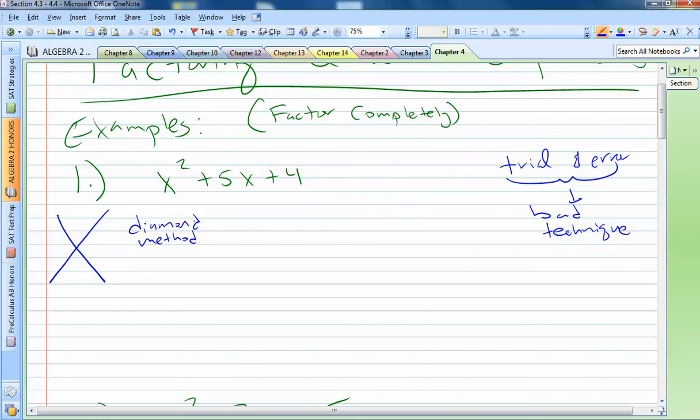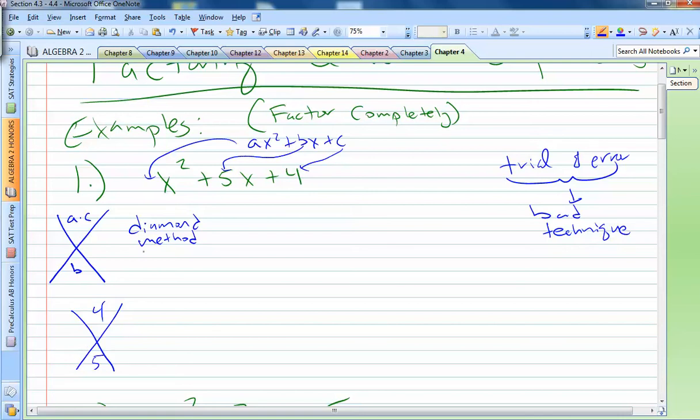But here's how the method works. You put a times c up top and b down below. Remember, the general way we write a quadratic expression is ax squared plus bx plus c. So in this case, a is 1, b is 5, and c is 4. When I use the diamond method, 1 times 4, which is 4, goes up top, and of course 5 goes down below.